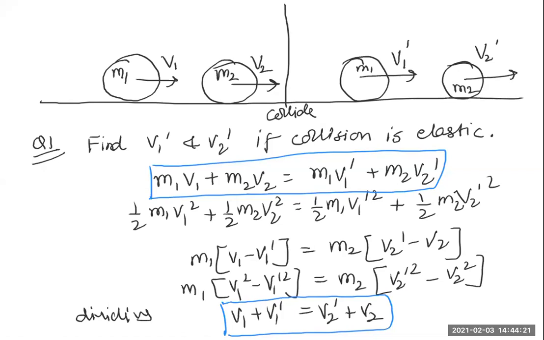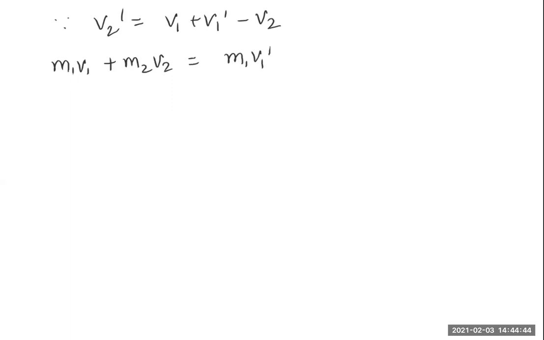थैंक यू सर। Okay, so now let's take this calculation forward and let's write that v2 prime is equal to v1 plus v1 prime minus v2, right? So we get m1 v1 plus m2 v2 is equal to m1 v1 prime plus m2 v2 prime, which will be m2 v1 plus m2 v1 prime minus m2 v2.